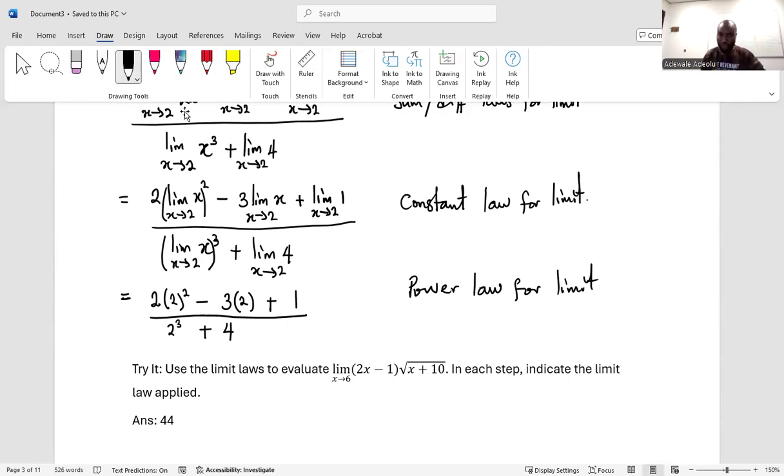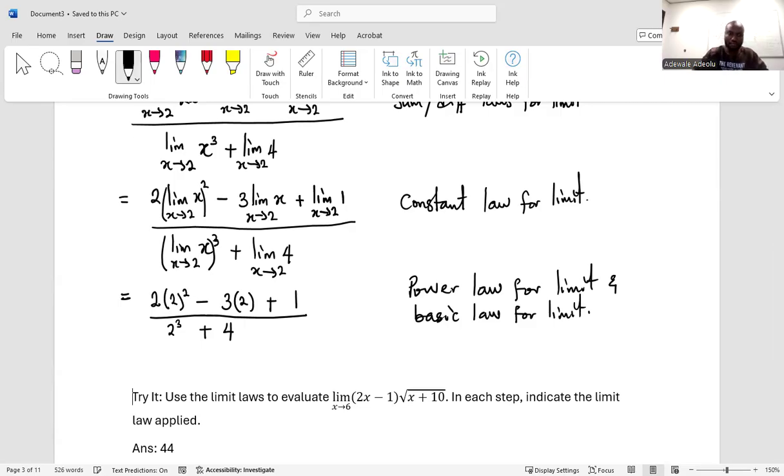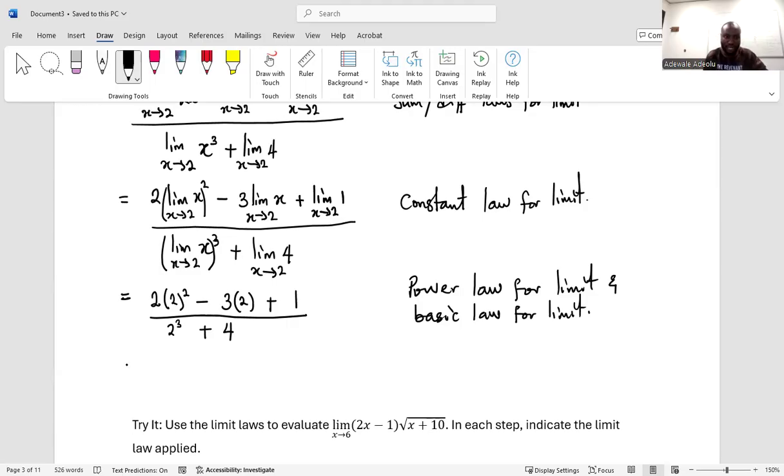And I also use basic limit laws. Doesn't matter. Okay. Finally, I will have 8, I believe, minus 6 plus 1 divided by 12.